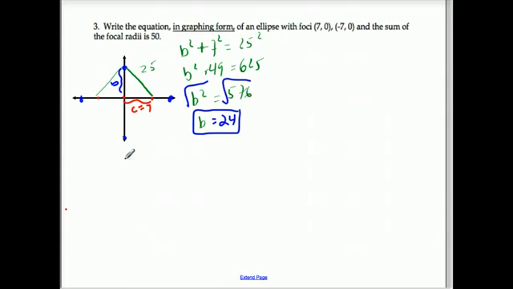So here we go. c squared equals a squared minus b squared. Plug it all in. We said that c squared was 49 and that b squared was 576.